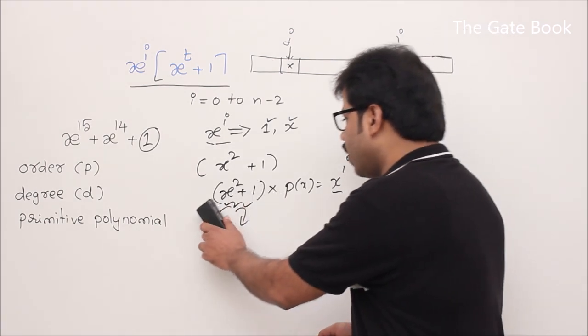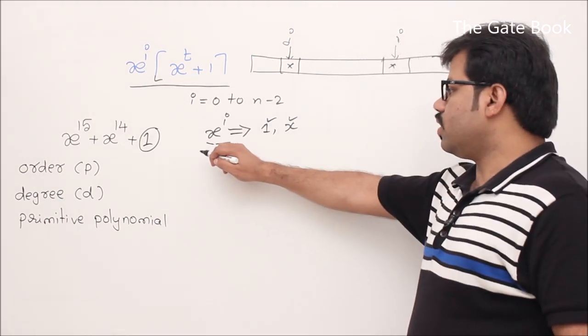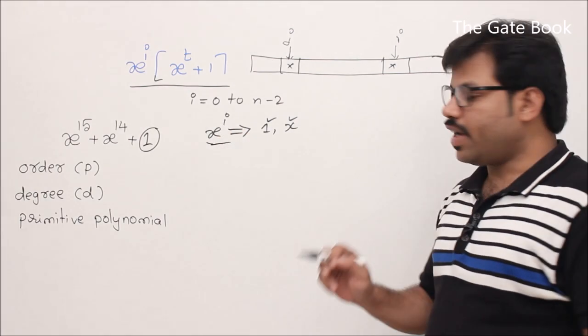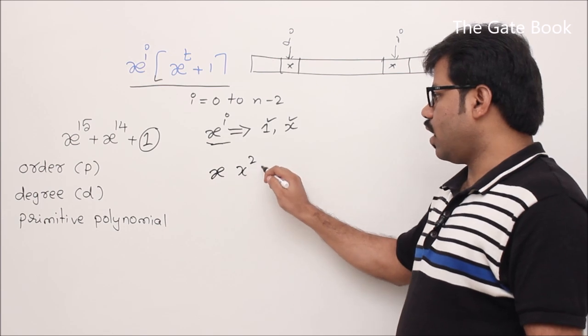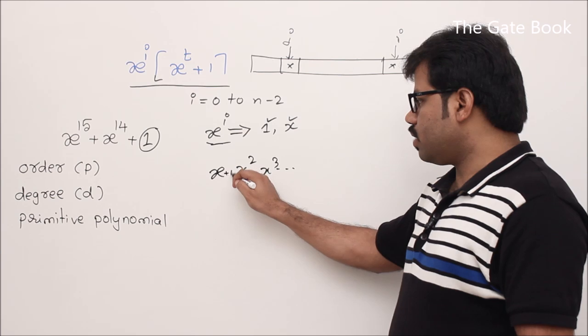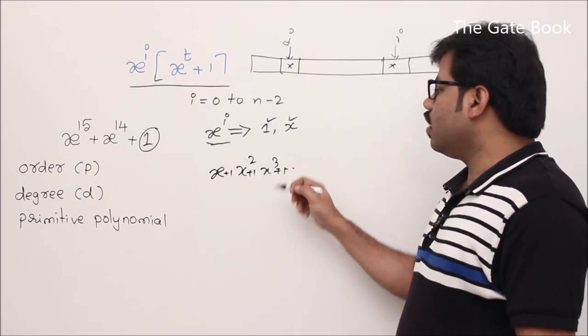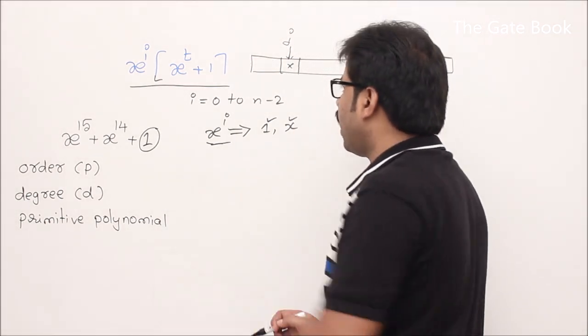So that's why remember one thing. No polynomial which contains plus 1 divides x power i. To divide x power i, the polynomial should be like this, x, otherwise x square, otherwise x cube. These are the only possibilities. If any polynomial contains plus 1 like this, automatically we can say that it can't divide x power i. Remember it.